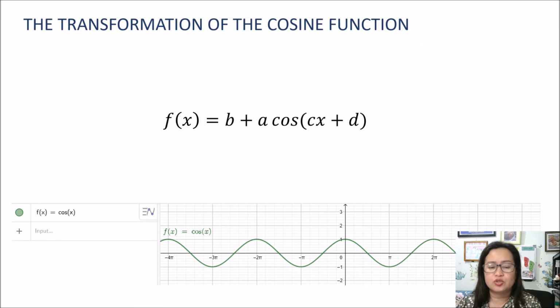Going back to the general form of the cosine function, we will have f of x equals b plus a times the cosine of c of x plus d.